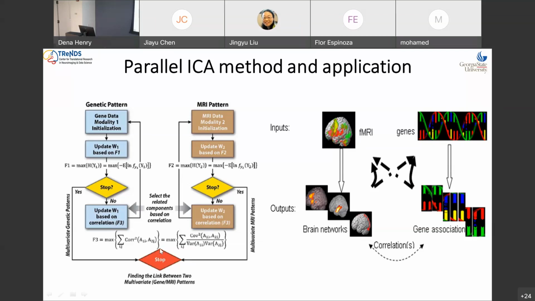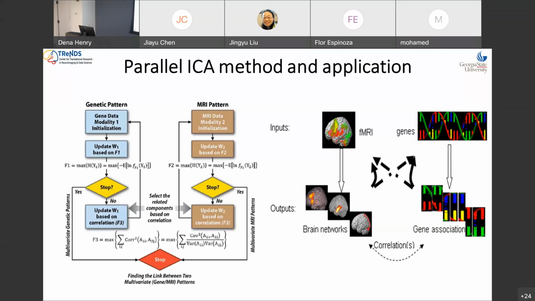Then you try to maximize the correlation between the components' associated loadings. Here you can choose how many component pairs you want to optimize. Given that you have several components for each modality and all these combinations of component pairs, you can choose to optimize one, two, or three pairs. The rationale is that if you expect your data to be only modestly associated, you probably only want to have one component pair optimized.